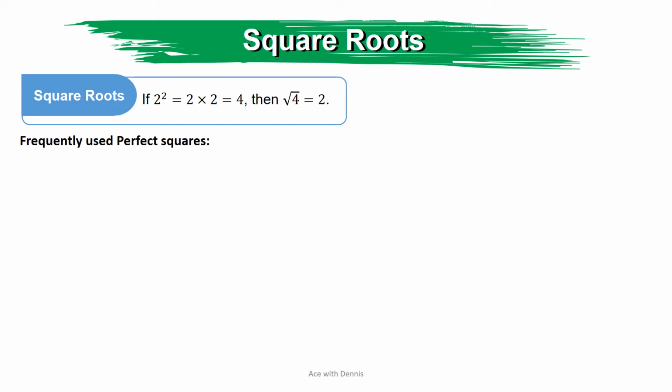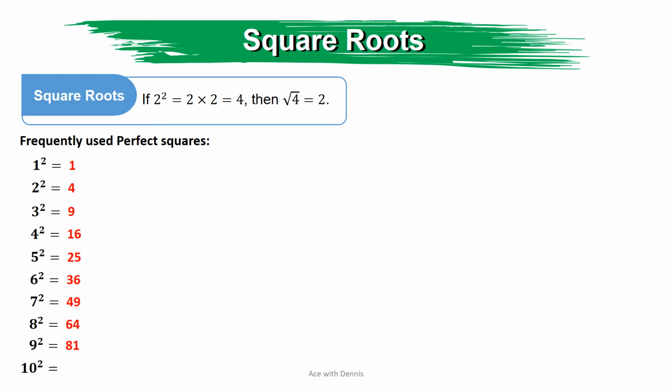Here are a list of frequently used perfect squares. 1 square equals 1, 2 square equals 4, 3 square equals 9, 4 square equals 16, 5 square equals 25, 6 square equals 36, 7 square equals 49, 8 square equals 64, 9 square equals 81, and 10 square equals 100.